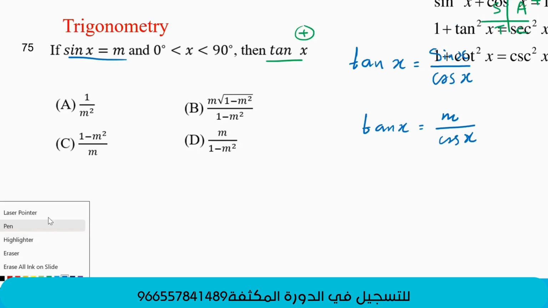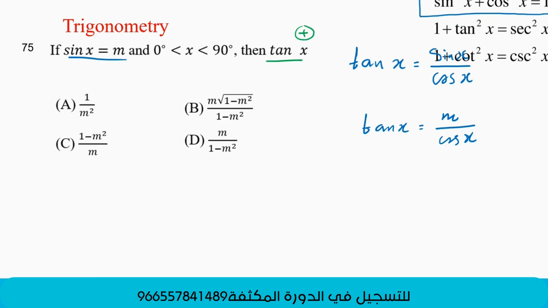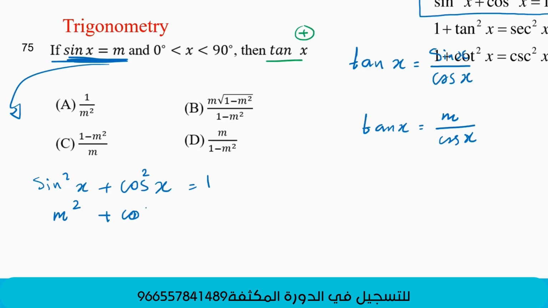Then I have to find cosine. In order for me to find cosine, I'm going to use this formula here. I know sine squared x plus cosine squared x is 1. So when I plug in sine here, this is going to be m squared plus cosine squared x is equal to 1.